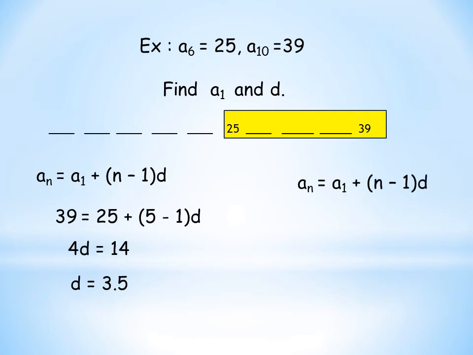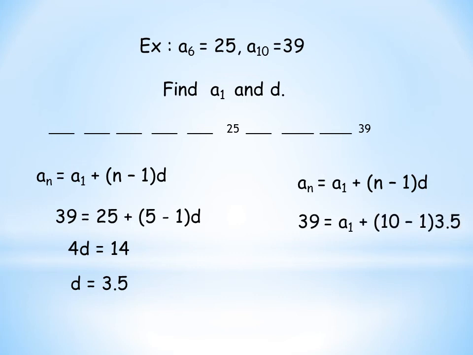Now that I know that the common difference is 3.5, I can use this equation again, but now use the full sequence in order to figure out what the first term is. I know the last term is 39. I want to find the first term. The last term was A10, so I know there are 10 terms. So n minus 1 would be 10 minus 1, which is 9, and we already found the common difference to be 3.5.